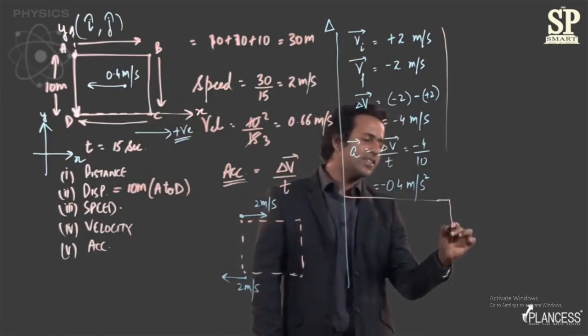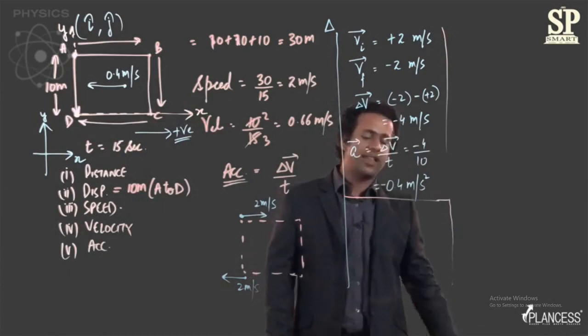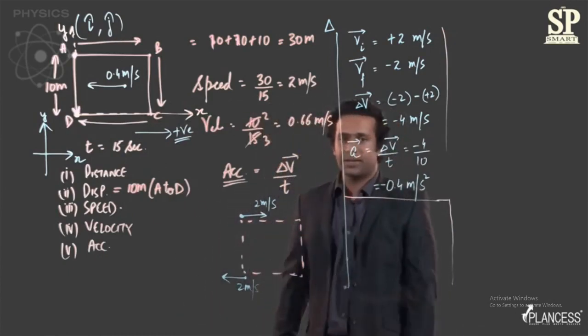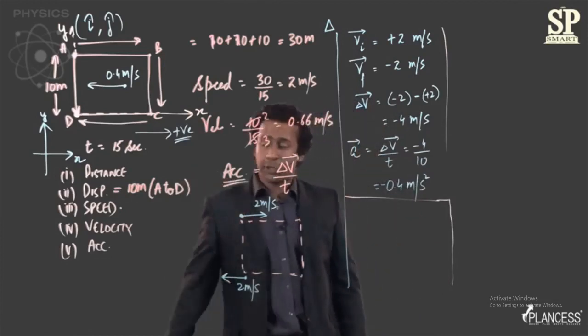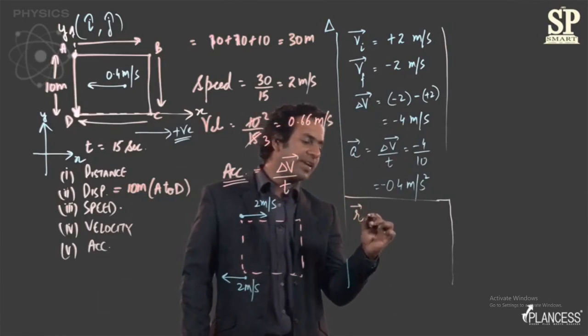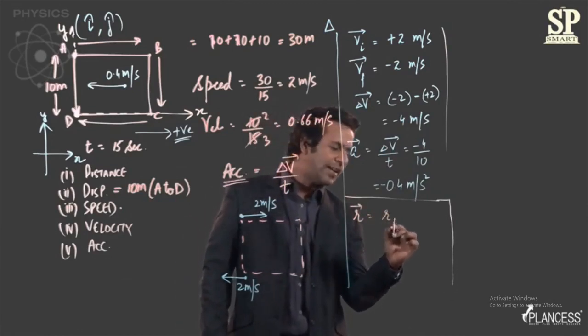To find distance, we need to find the length of path, which is still the same and is equal to 30 meters.